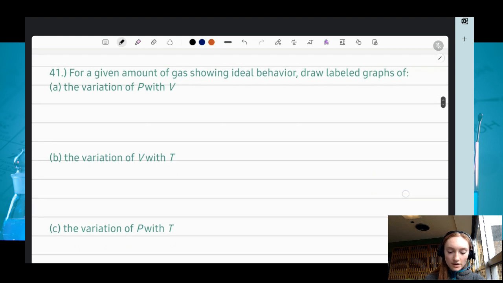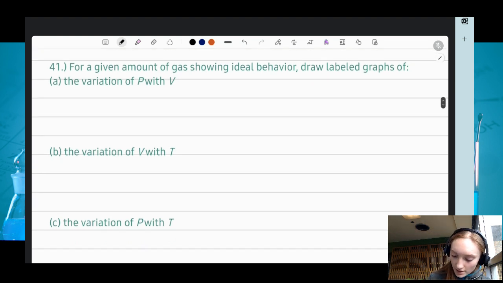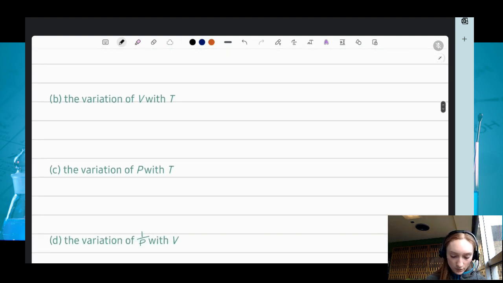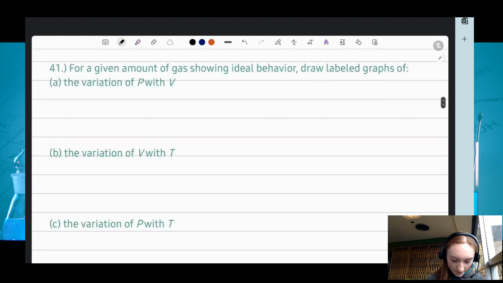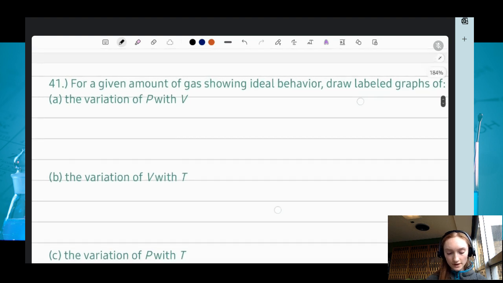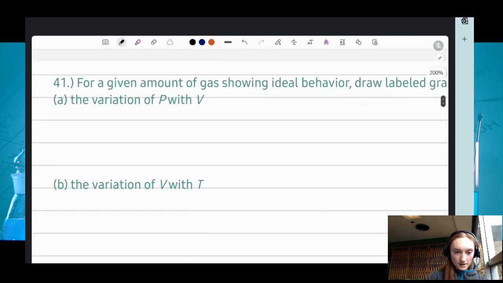It says, for a given amount of gas showing ideal behavior, draw labeled graphs of the variation of P with V, the variation of V with T, the variation of P with T, and the variation of inverse P with V. Okay, so the first one, the variation of P with V. When we are looking at Boyle's law, when we solve for P and V, you would have to divide it on the other side.